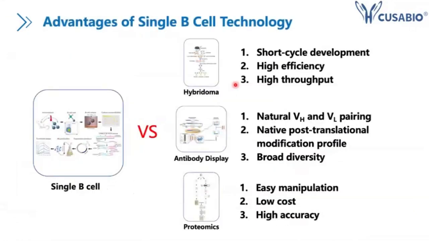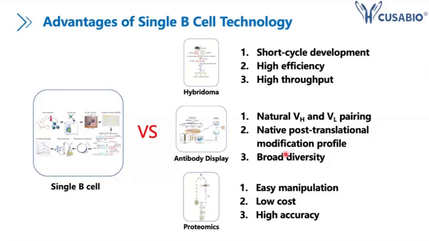Here is a summary of the advantages of the single B cell technology compared to all the other three. Comparing the single B cell with the hybridoma, the development cycle can be short, and single B cells can be processed in a high-throughput manner, so the efficiency is high. Compared to antibody display, the main feature of single B cell is that you keep the natural pairing between the heavy chain and light chain, and the diversity is also natural, so it has a broad diversity.